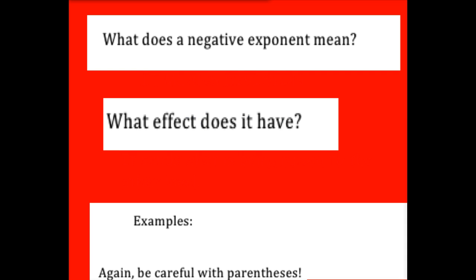On the next page, what does a negative exponent actually mean? What it actually means is division. A positive exponent means to keep multiplying and multiplying and multiplying, whereas a negative exponent means to keep dividing and dividing and dividing.